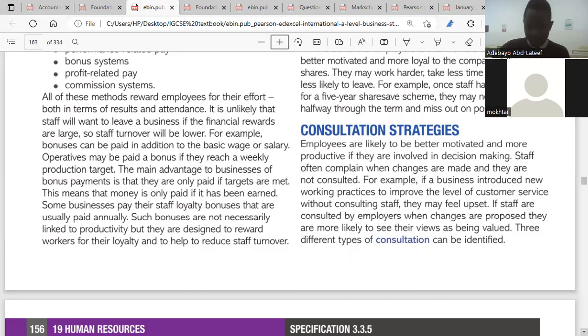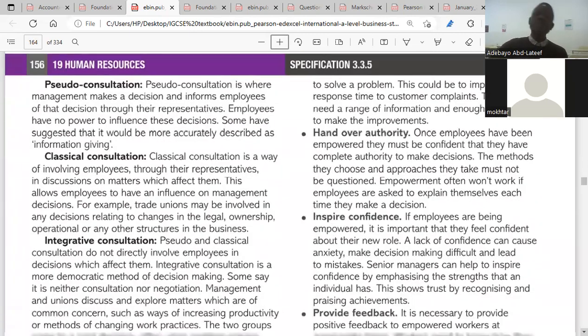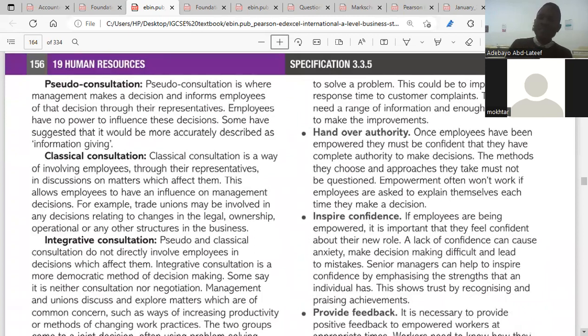So they will inform employees that we have taken this decision, and this is why we have taken that decision. The management will take it, and immediately they inform the representatives to keep in touch with the employees. That's what we call pseudo consultation.